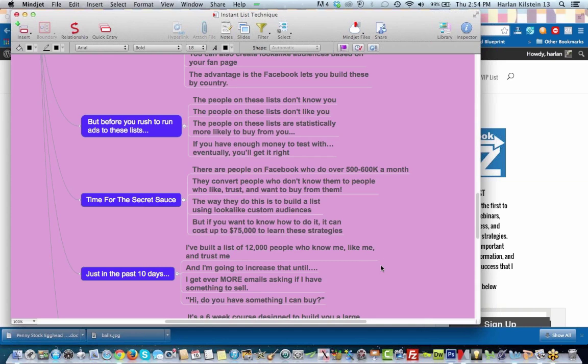I know these people less than a week, and I'm getting emails every day saying, can I buy something from you? I trust you. I want to give you my money because the information you've given me has been really good. When people come up to you and say, can I give you money? You know that the system that you have is working.